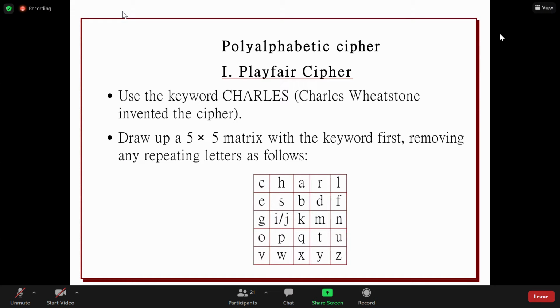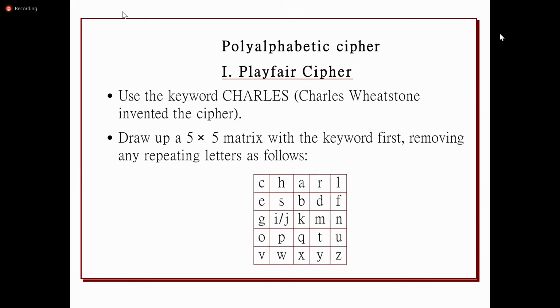Why the strength is very less? Answer this question.